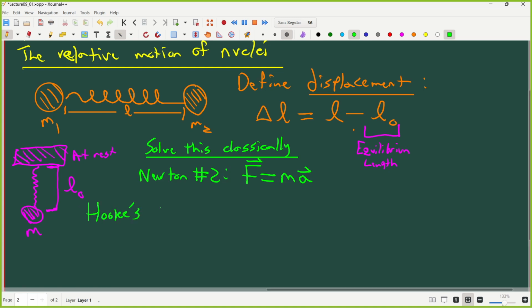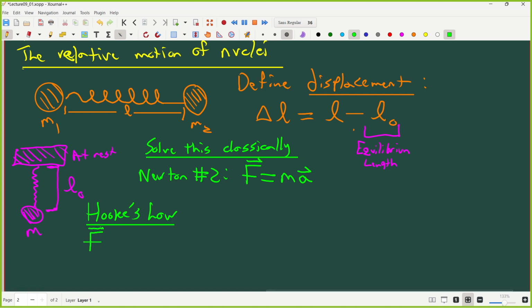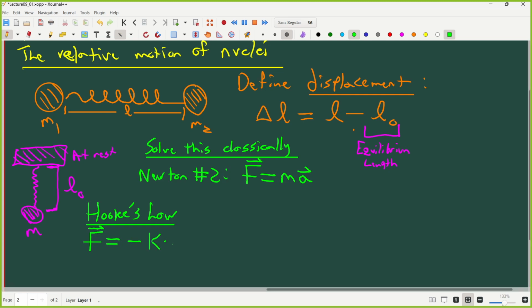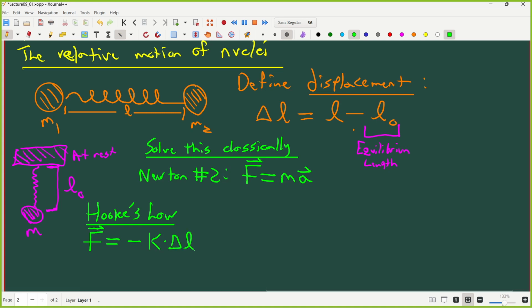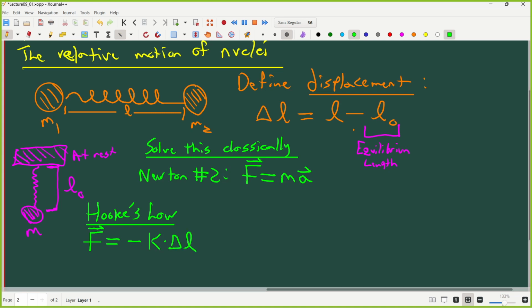You may have learned this in Physics 1. It says that the force of the spring is minus some constant k times the displacement, delta L. And k is a number.